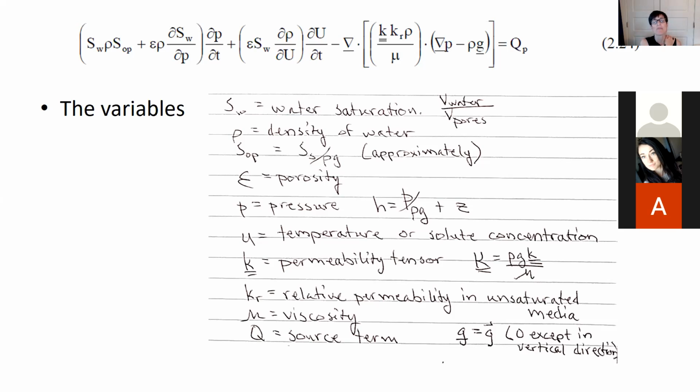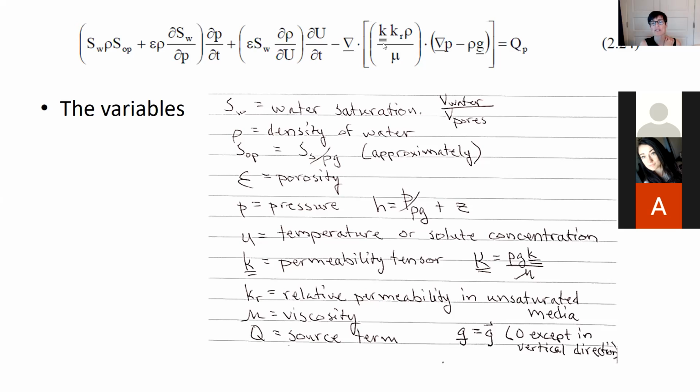Okay, the next thing here is the permeability tensor, this little k with the two underscores. You might remember that we can calculate the hydraulic conductivity from that. That's the fluid density times gravity divided by the fluid viscosity, that's mu, times the permeability.